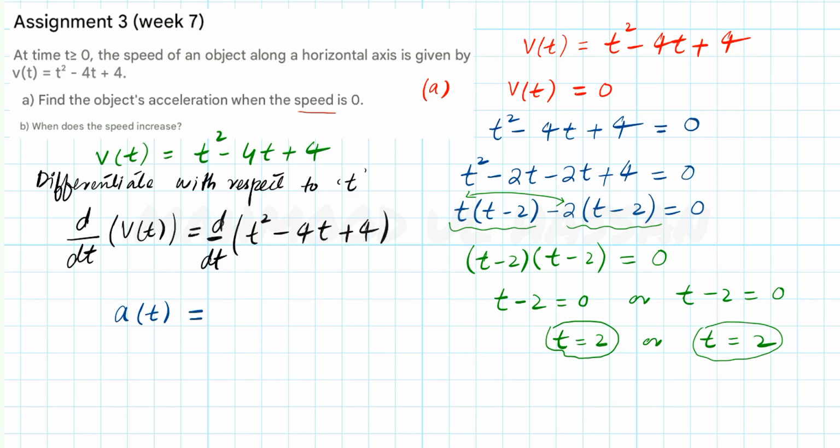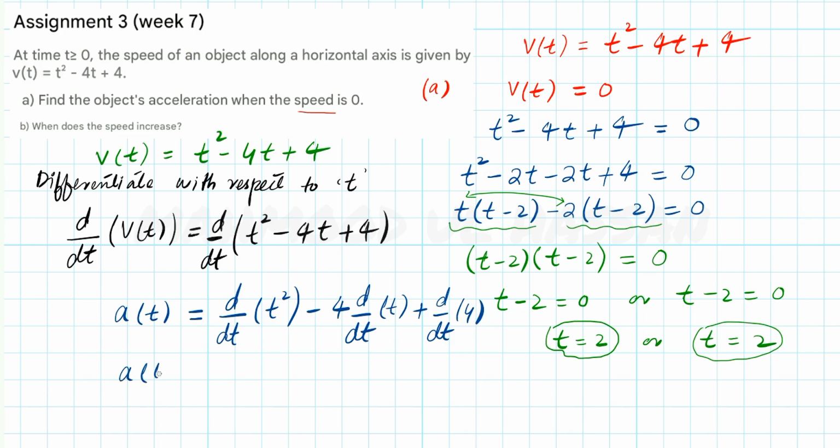So a of t equals, here we apply the derivative to every term, that is what we call the sum rule: d over dt of t squared minus, for 4t we apply the scalar multiple rule, so the scalar 4 comes out of the derivative, that is d over dt of t, and plus the derivative of 4, that is d over dt of 4.